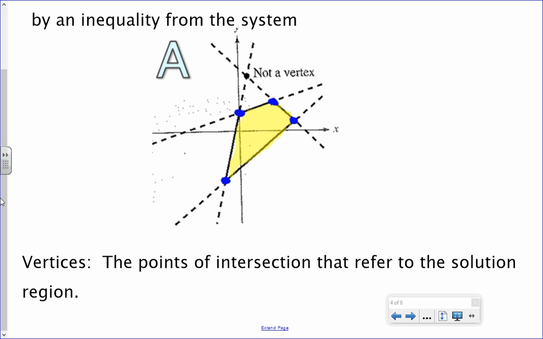What I want you to notice in my picture, these blue dots that I highlighted, those are vertices. Yes, this is an intersection point up here, but it's not bounding the area, so it's not a vertex point.